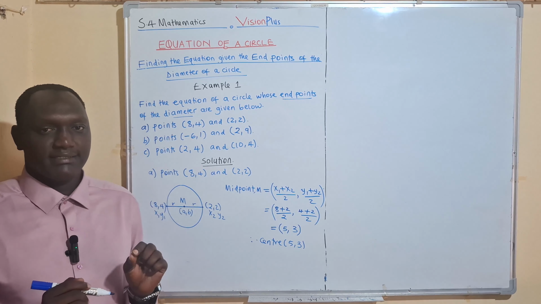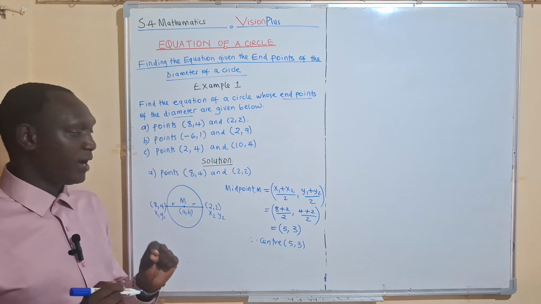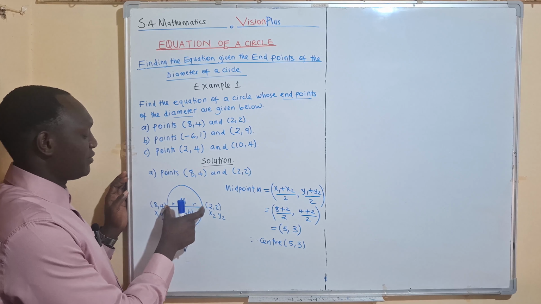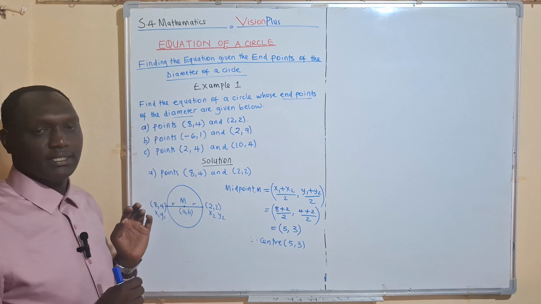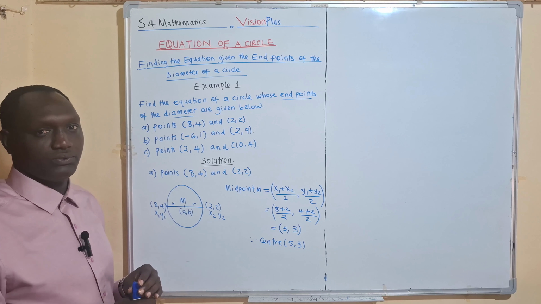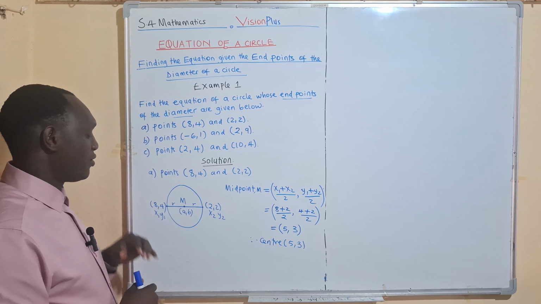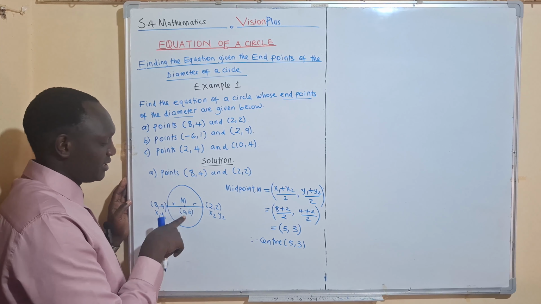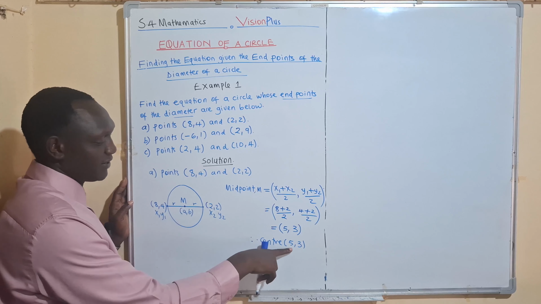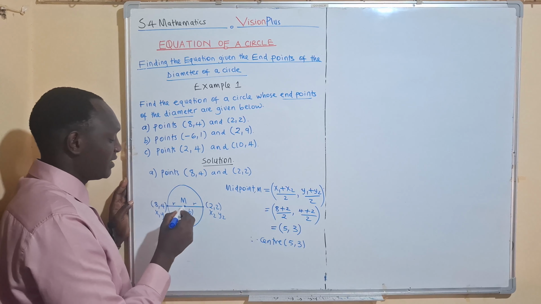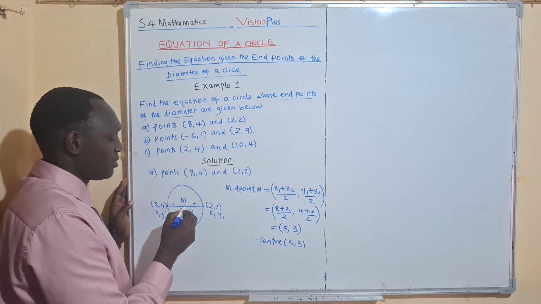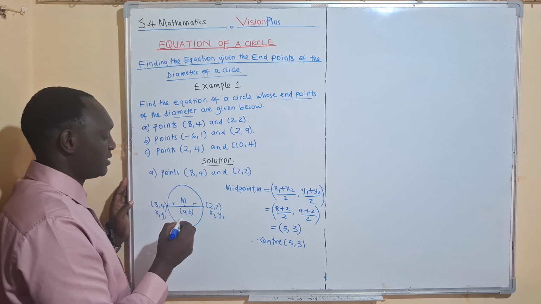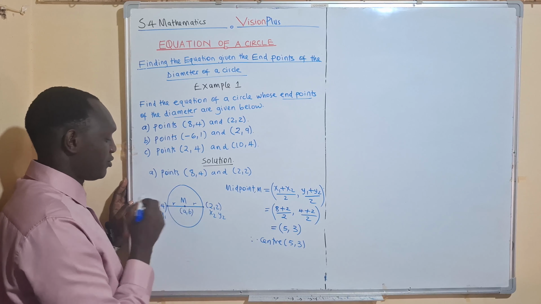In finding the radius, there are two options. One, you can start by getting the diameter of the circle and then you divide the diameter by 2 to get the radius. Or you can use the coordinates of the center here, which are (5, 3), and then you find the distance from the center to either point of the endpoints of the diameter, either this point or this point.